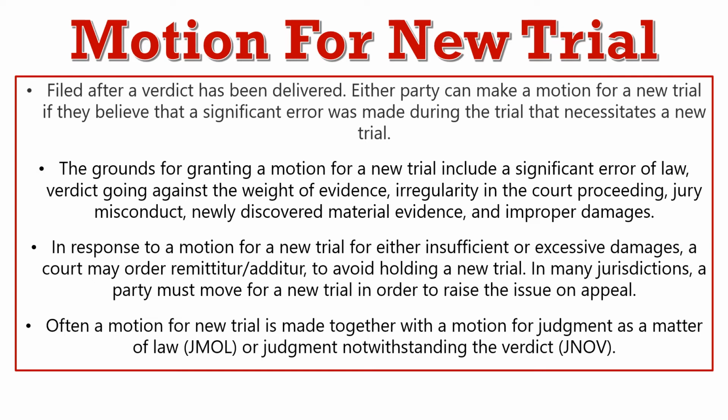But they also have to give it their all and push for a new trial or push for the verdict to be set aside, or change a damage or change the ruling of it so that nobody actually has to go through a new trial.